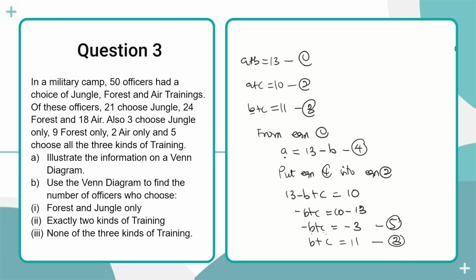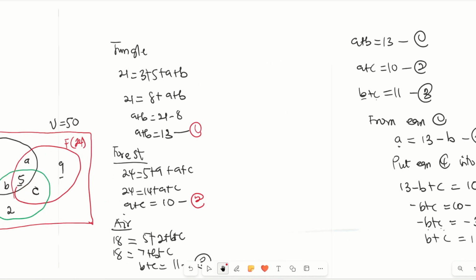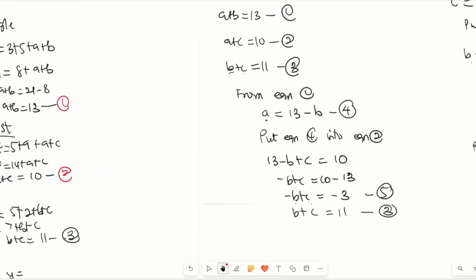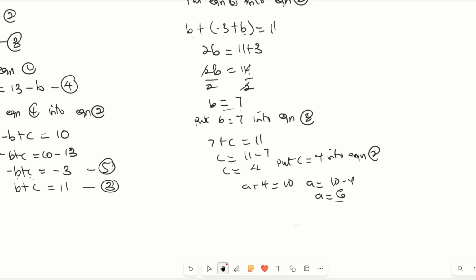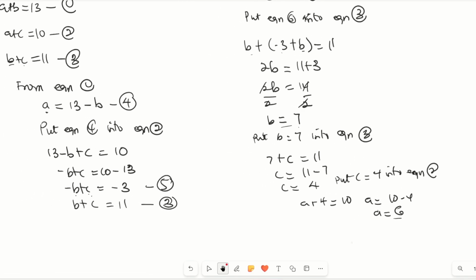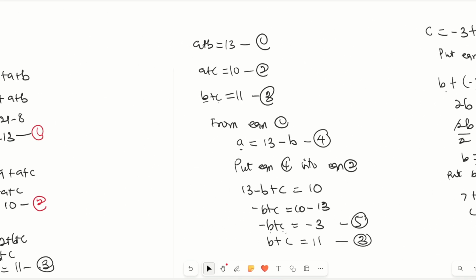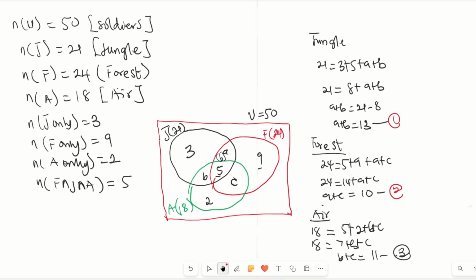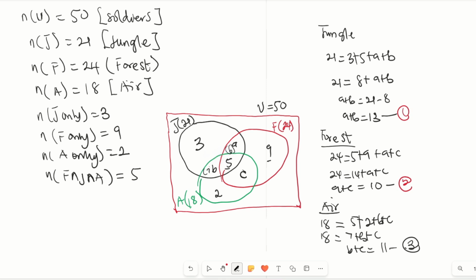Based on our diagram, our A is 6, our B is 7, and our C is 4. So we have solved for A, B, and C.